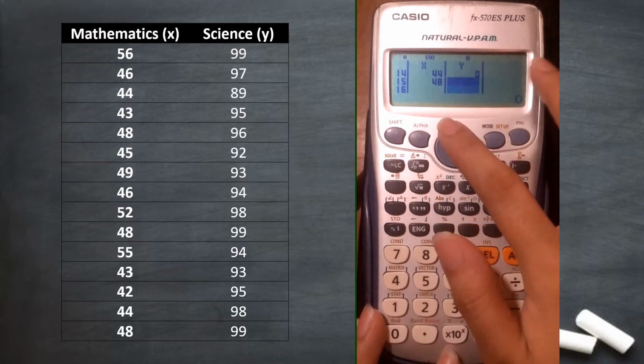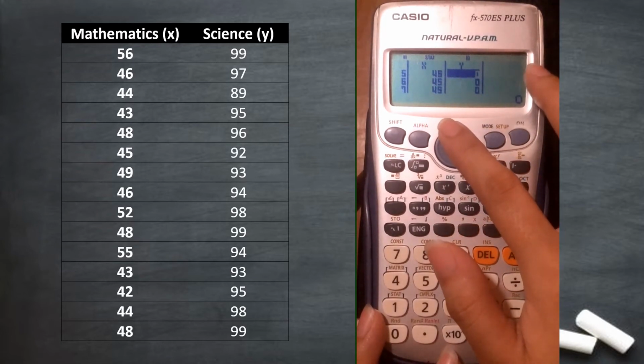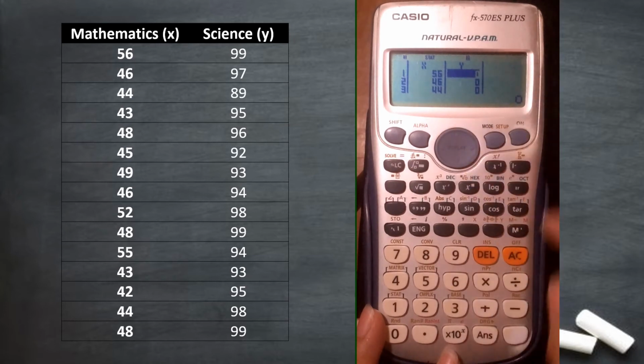You just have to be careful in inputting the values because if the numerical values are incorrect, the calculator will still give you an answer, but the answer is incorrect since the inputted values are not correct.